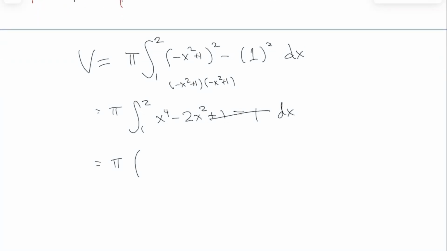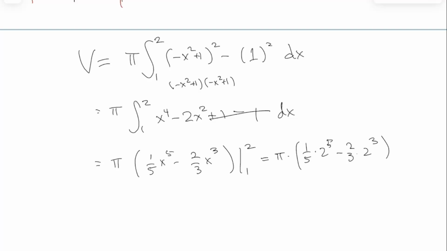The integral of x to the 4 is 1/5 x to the 5, and then I go minus 2/3 x cubed. Plugging in 1 and 2. And the rest is just plugging in. So I got pi times 1/5 times 2 to the 5th minus 2/3 times 2 to the 3rd minus, same business, 1/5 1 to the 5th minus 2/3 times 1 cubed.